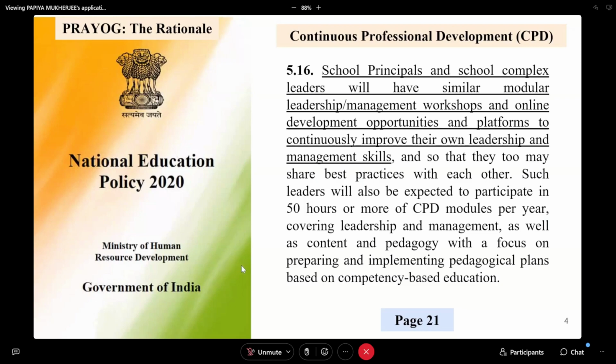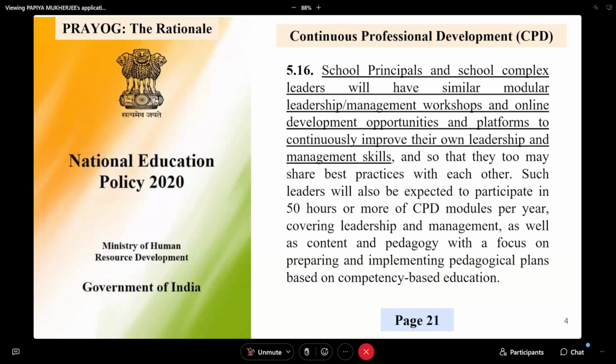Page 21 of the National Education Policy says that principals and school leaders will have to undergo leadership and management workshops and online development opportunities for continuous improvement in their own leadership and management skills, so that they are also able to share their best practices with each other.